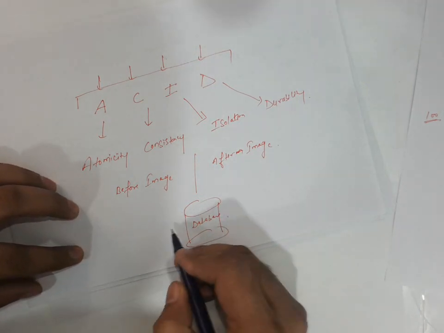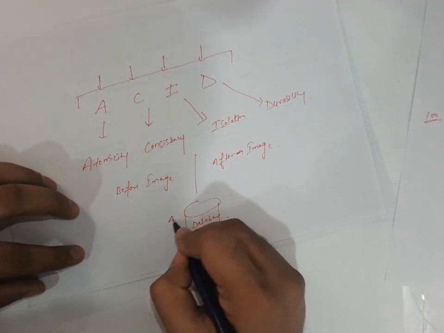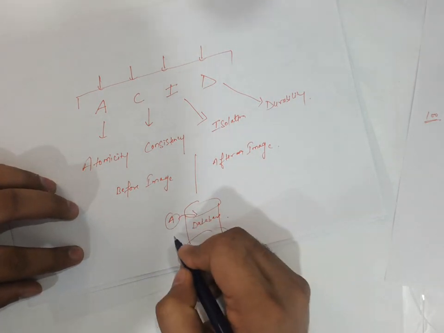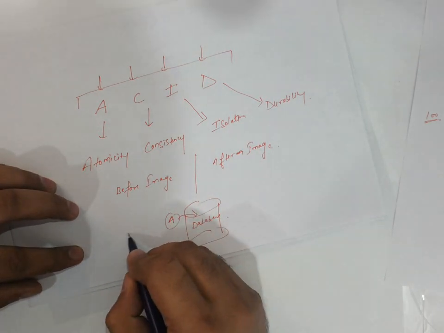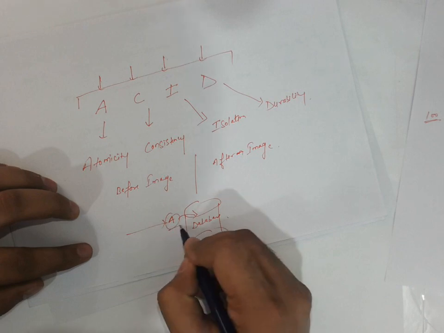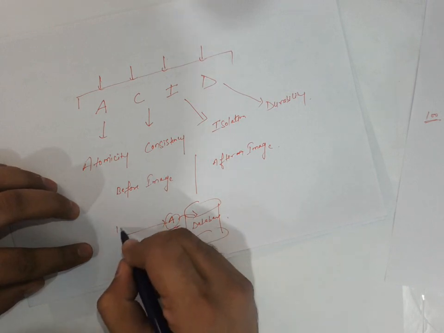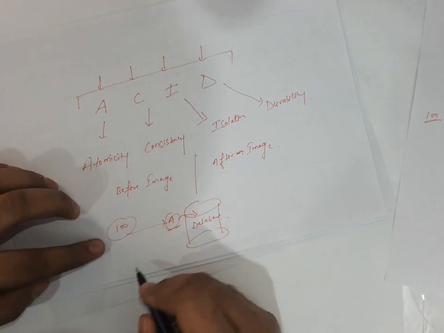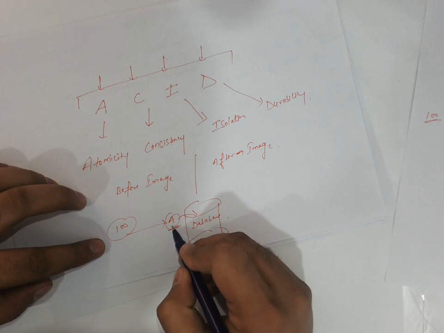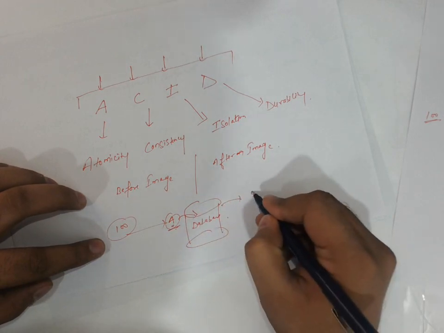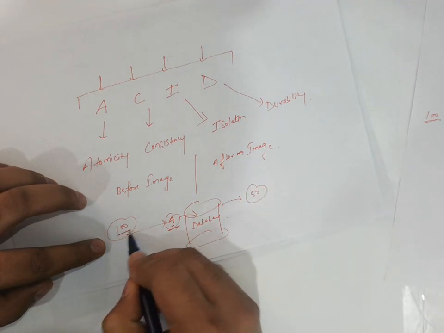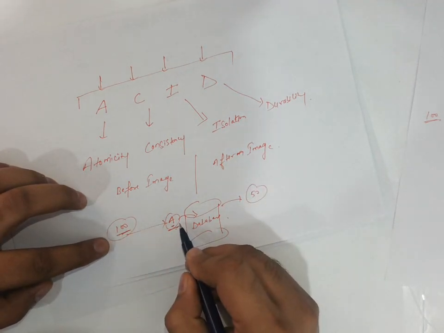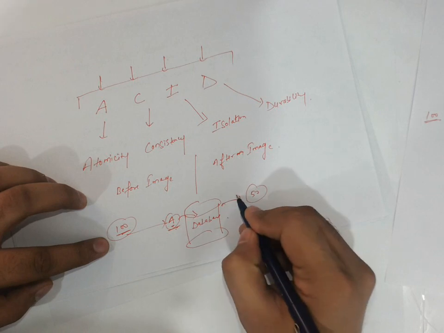Suppose you are reading the value of A which is present in the database. The before image is 100 rupees, suppose. You deduct 50 rupees from that A, then the after image will be 50.